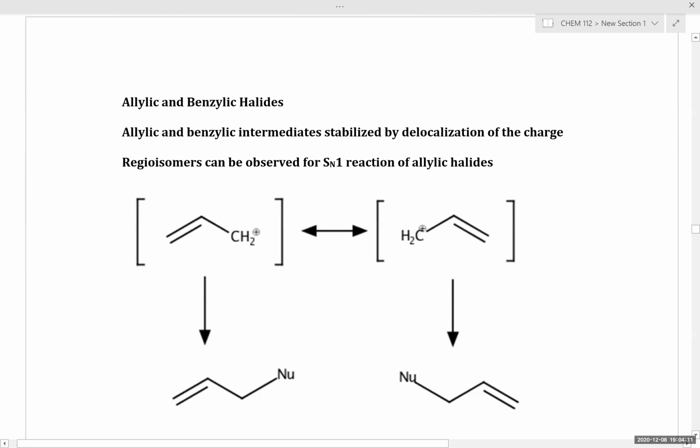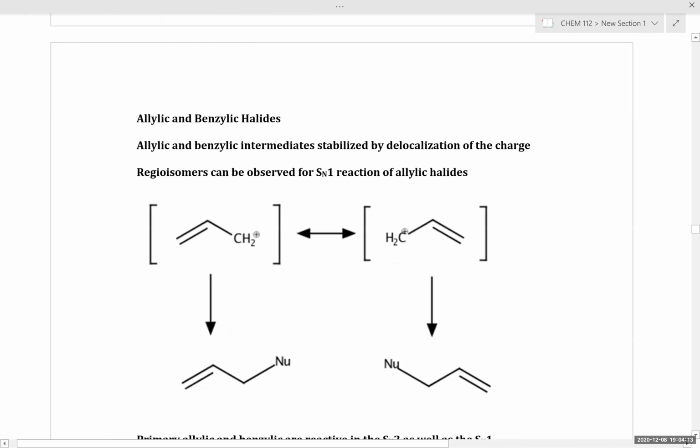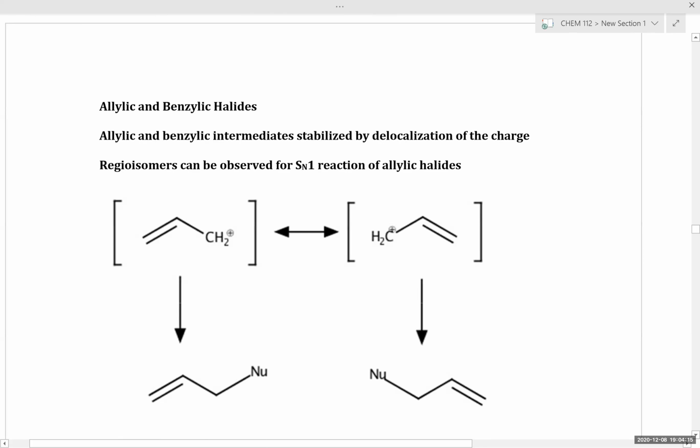Okay. So to elaborate a little bit on why allylic and benzylic halides are particularly reactive and why they can present a very interesting issue, allylic and benzylic intermediates are stabilized by the delocalization of our cationic charge. So when you have an allylic halide, you can observe a mixture of regioisomers, right?